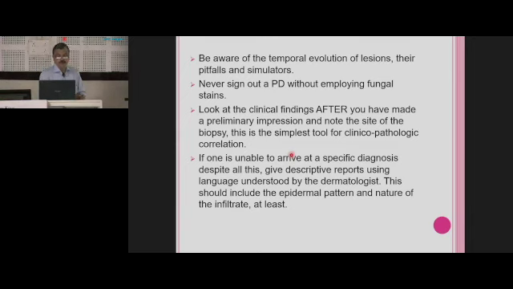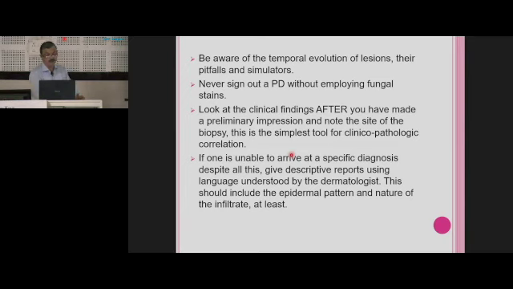Look at the clinical findings after you have made the preliminary impression. First, keep the slides under the microscope, observe, note down your observation, and then go for the clinical details. And note the site of biopsy. This is the simplest tool for clinicopathologic correlation.